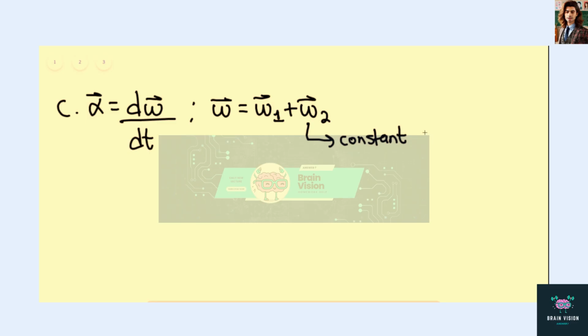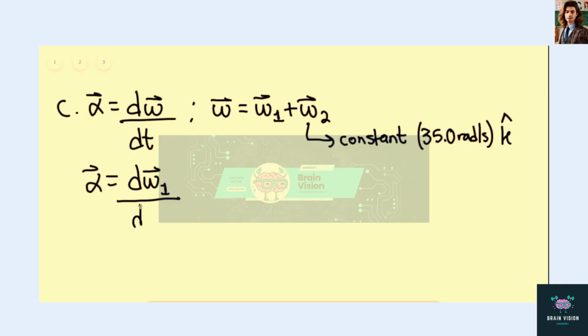It's a constant 35.0 radians per second k hat. And so we can say that alpha, the angular acceleration, would equal the derivative of omega sub 1 with respect to dt, because the angular velocity sub 2 doesn't change, therefore there isn't any angular acceleration.